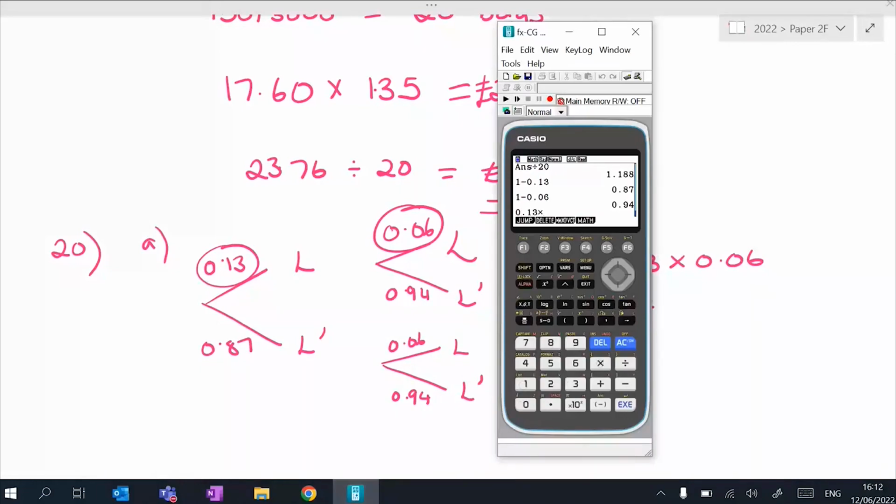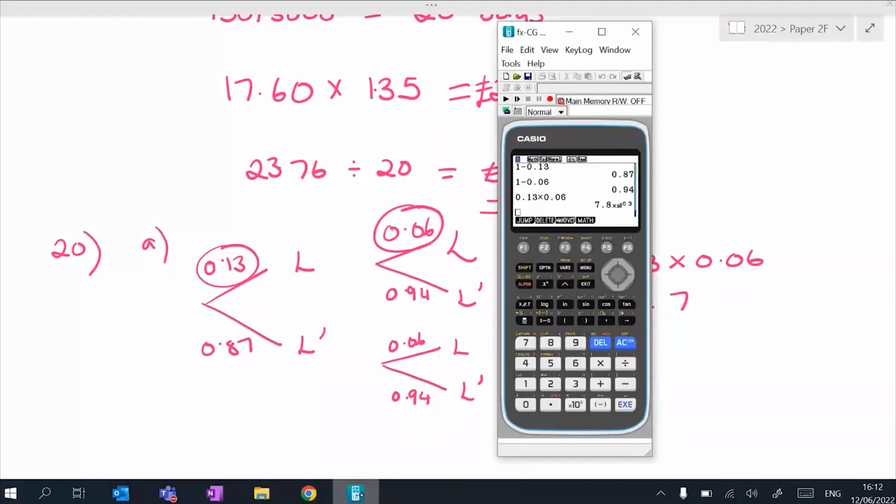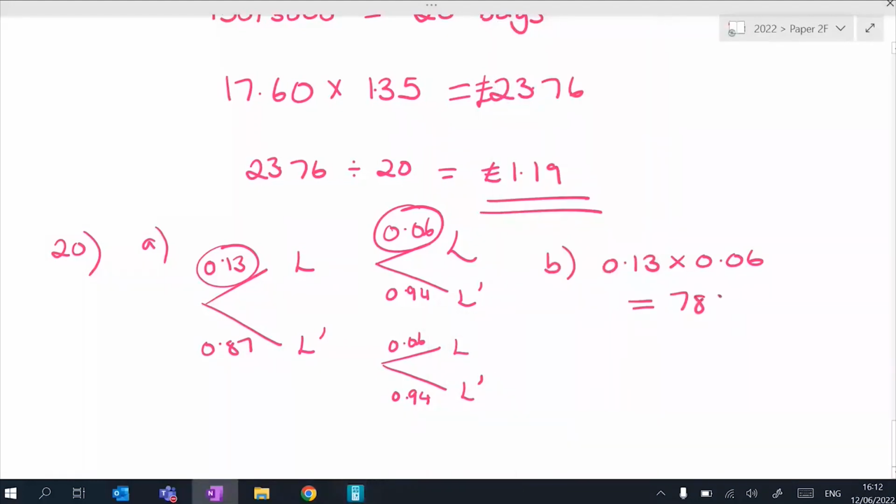So 0.13 multiplied by 0.06. It's given to me in standard form because it's tiny. 7.8 times 10 to the minus 3. It's okay to leave it in standard form, but that would be 0.0078.